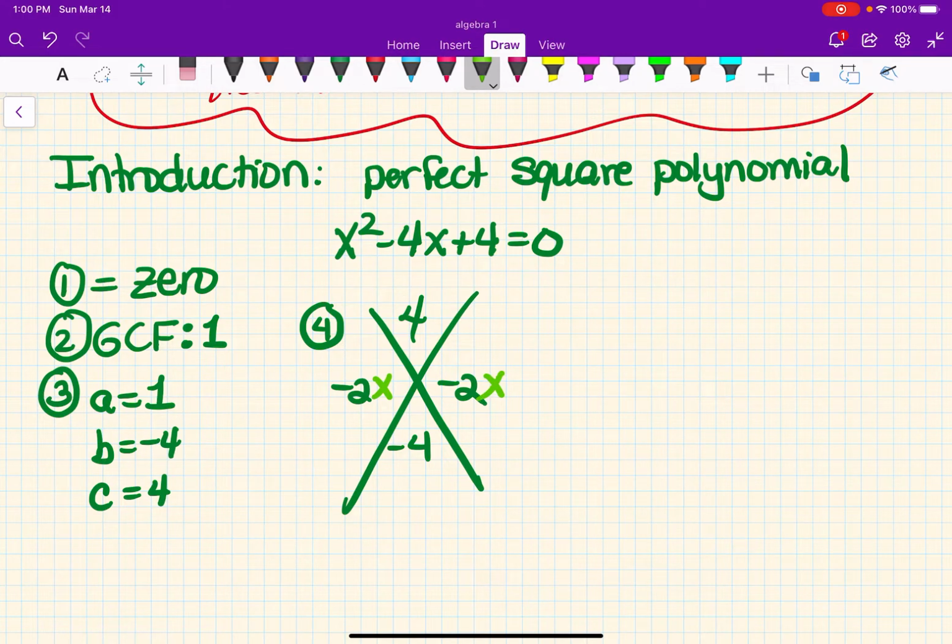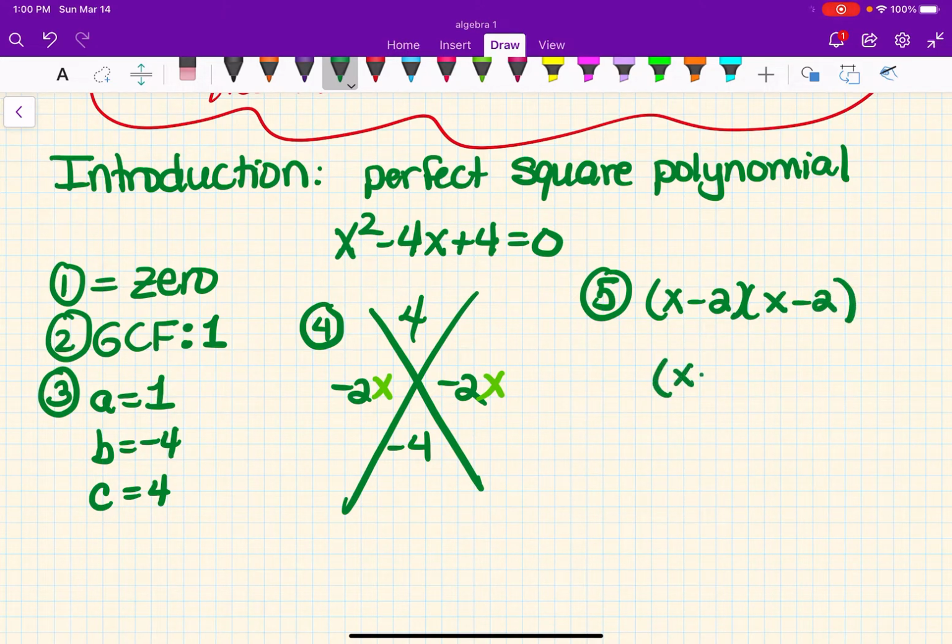And if you were to do your method, whatever your method is, once you're finished, you will get this: x minus 2 times x minus 2. The two factors are exactly alike, so we can write it as a square, because it's repeated multiplication. That's what makes this a perfect square polynomial. That is going to be our key to completing the square.